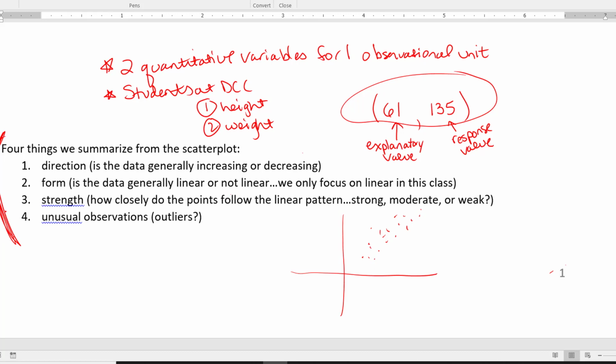The form of the scatter plot, what we're really interested in our unit, is whether or not it takes on the pattern of being linear, like a line, or not. The strength, meaning how closely does that scatter plot resemble a linear pattern, a line, and then whether or not it has any unusual observations, outliers.